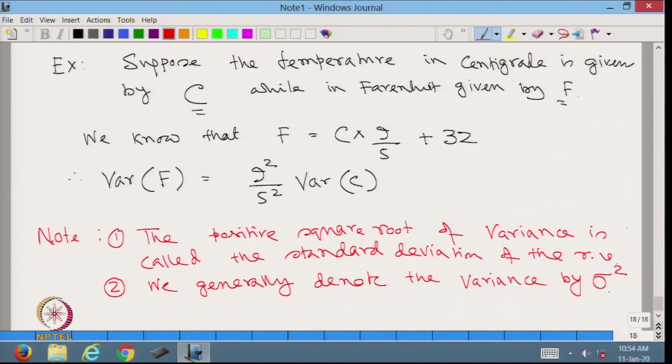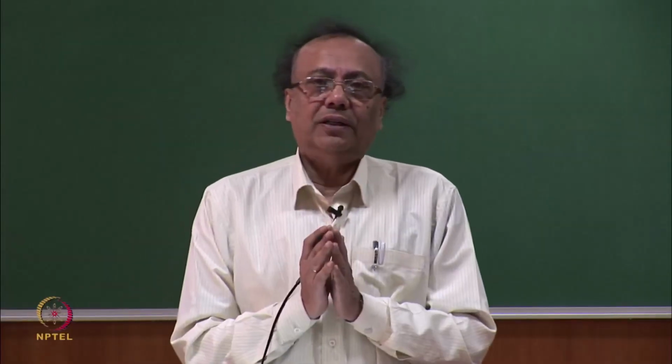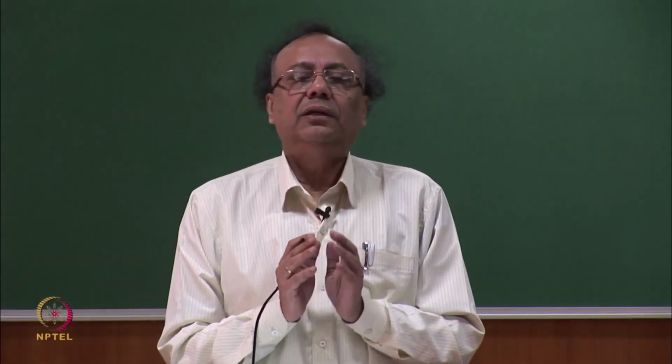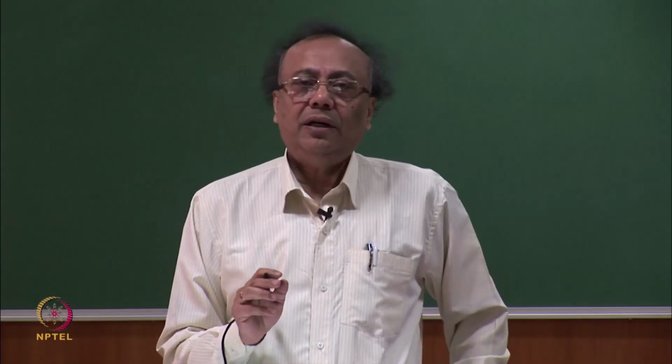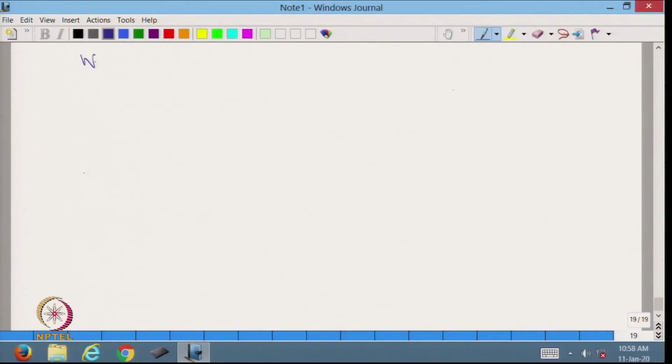Sigma square because variance has to be always positive. So, the positiveness of the measurement is taken care of by the square, and standard deviation is denoted by plus sigma.